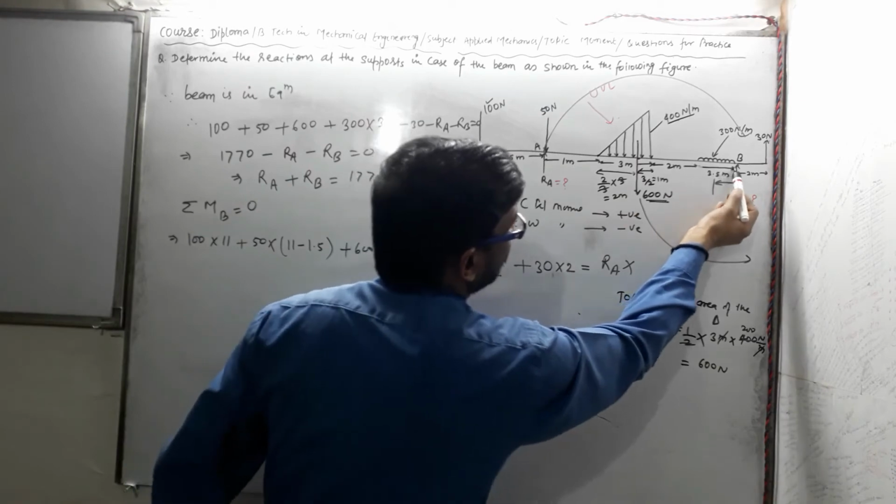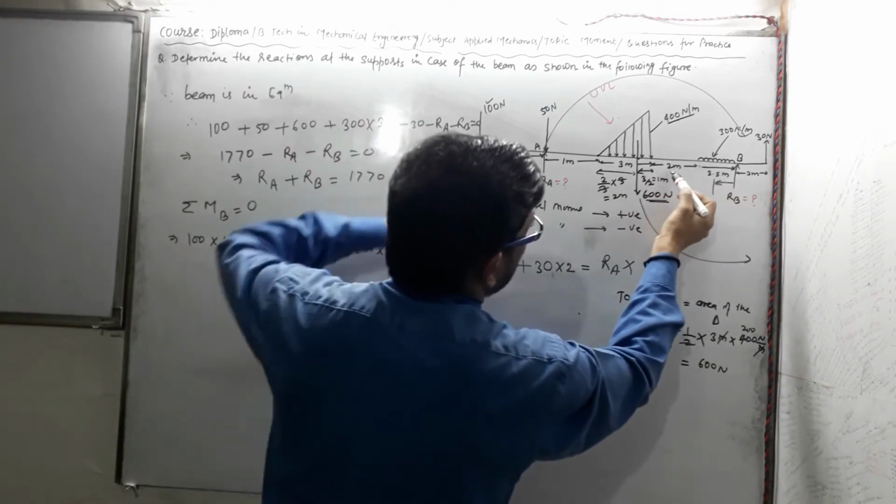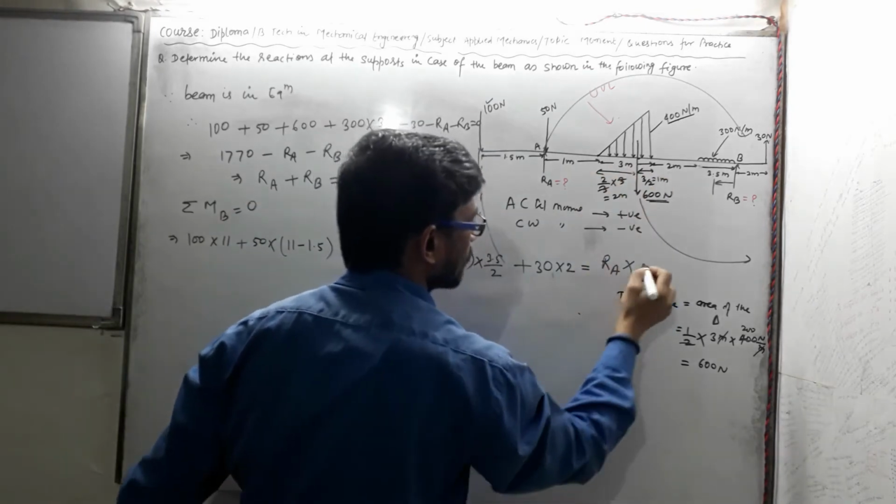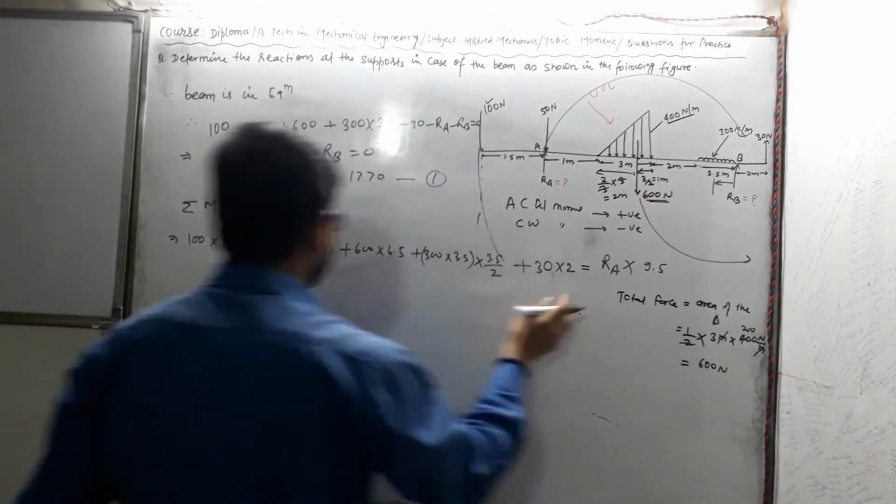See here, 3.5 plus 2, 5.5 plus 3, 8.5 plus 1, 9.5. So 9.5.